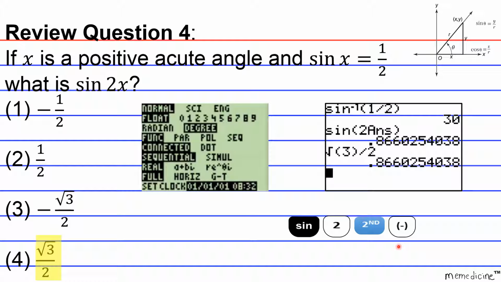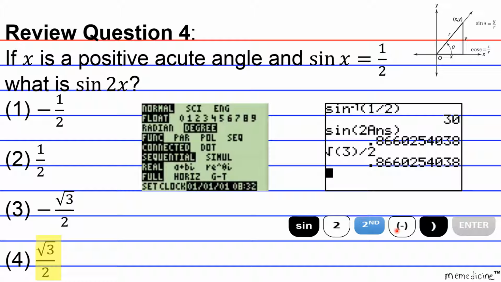And what these two keys do together is recall the previous answer. So now what you want to do is close out the parentheses and hit enter. And that basically gives you the sine of 2 times 30, or the sine of 60 degrees, okay?